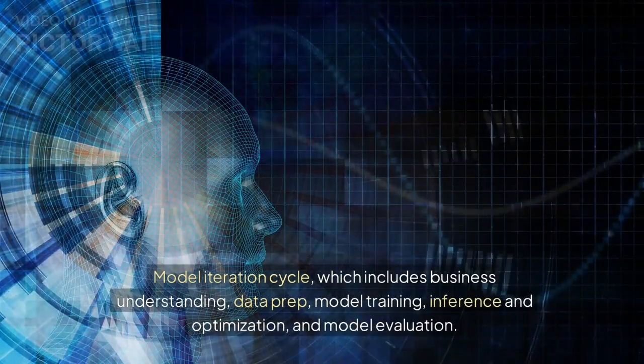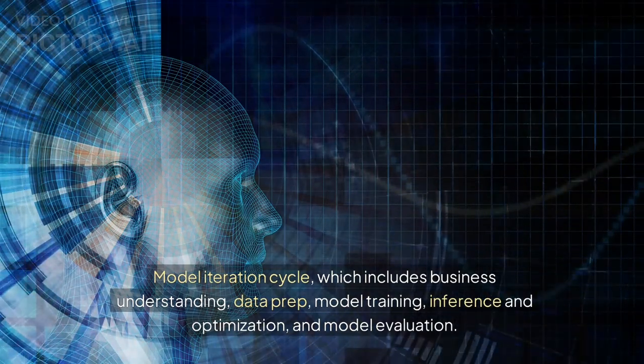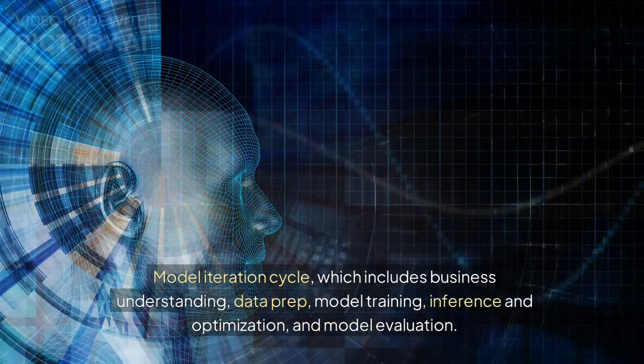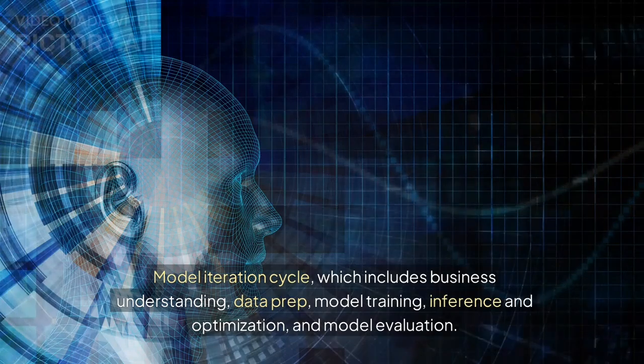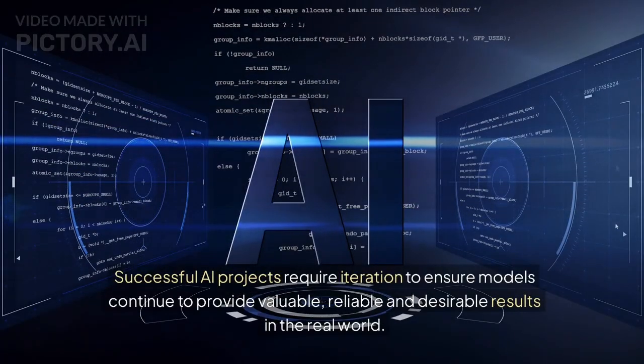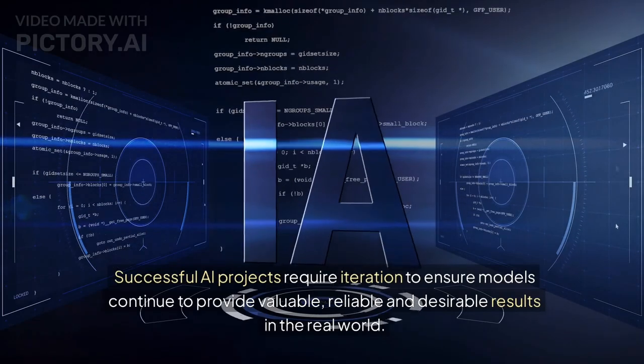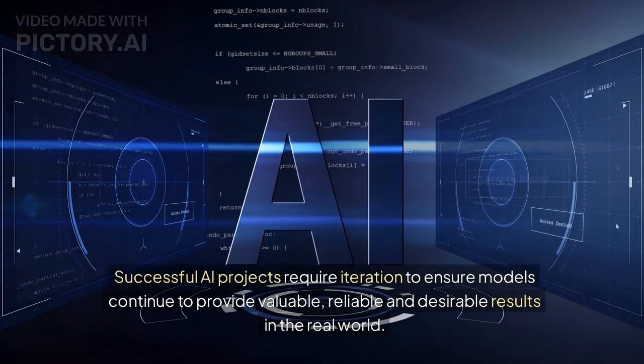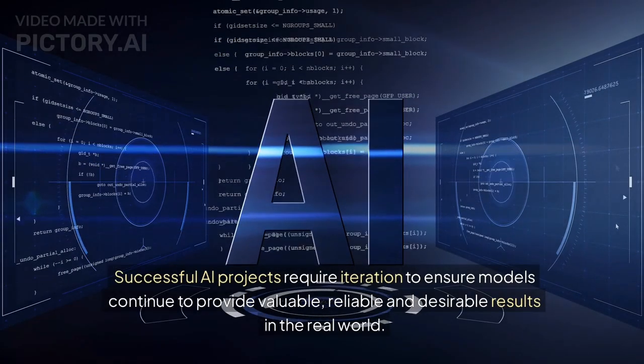Model iteration cycle, which includes business understanding, data prep, model training, inference and optimization, and model evaluation. Successful AI projects require iteration to ensure models continue to provide valuable, reliable, and desirable results in the real world.